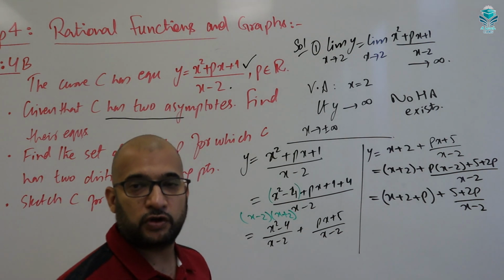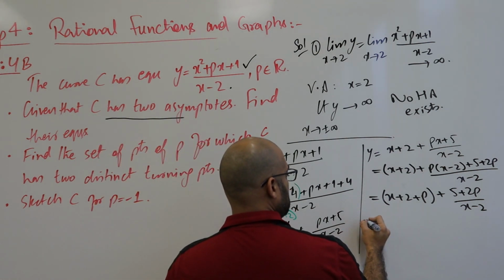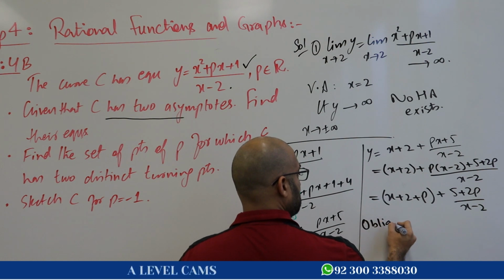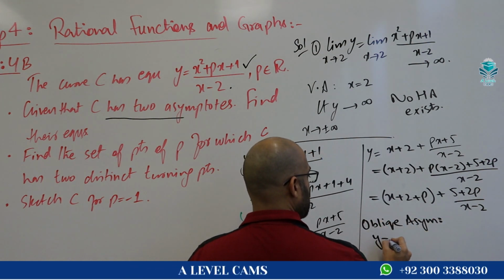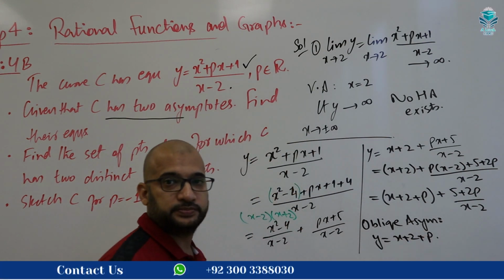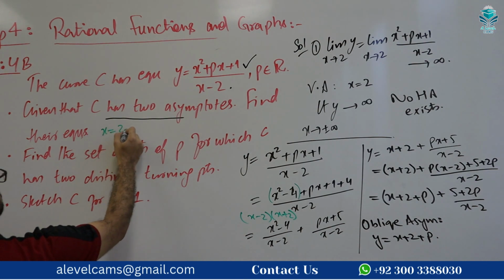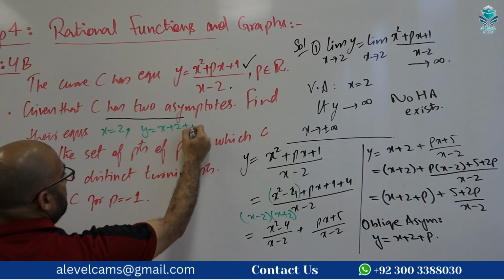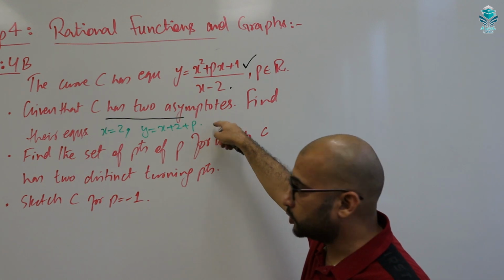Now it is in the form of a proper function. So the oblique asymptote is y = x + 2 + p. You have the equations of both asymptotes. We have successfully found the two equations of the two asymptotes.